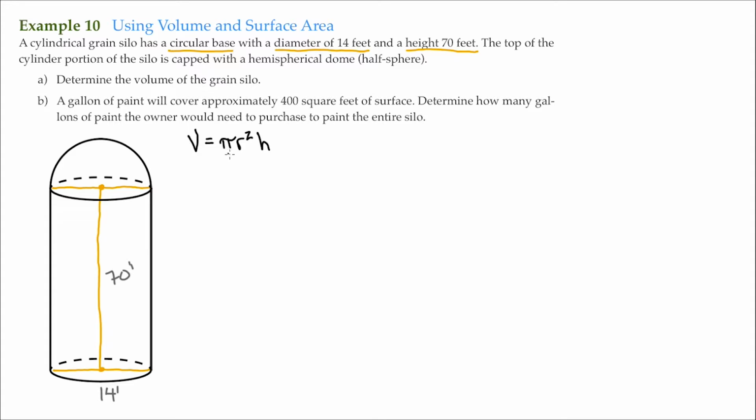Now if you look right here, the pi r squared, that's the area of a circle, right? The area of a circle is equal to pi r squared. So we've done this already previously. If we wanted to find the volume of a rectangular solid, the volume of a rectangular solid is the length times the width times the height.